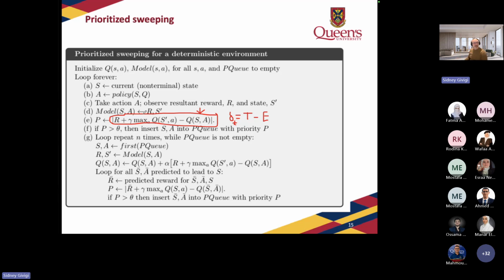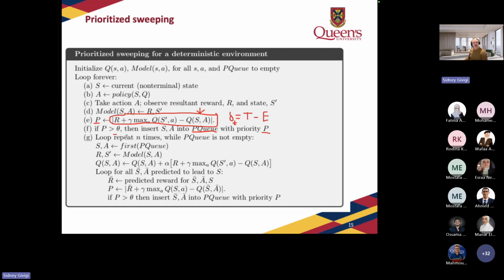So now, if this value, if this P is greater than a threshold that we define, we are going to put this into a queue, okay? And this queue will have a priority P that is going to be this value here. If this value is larger, we are going to actually use it more often, okay?